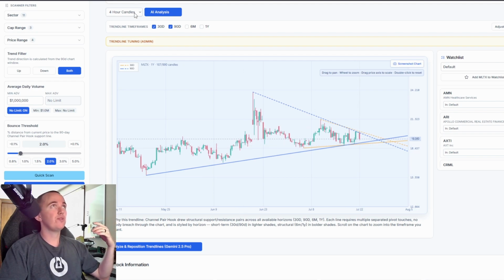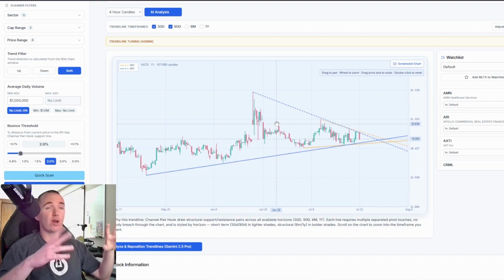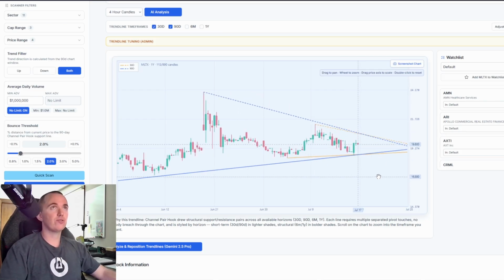Up at the top of the screen here, you can change the candle duration to whatever you would like it to be. I like 4 hours because I'm typically looking to trade something over the course of about a week, maybe 2 weeks, but I try to keep it under 2 weeks. Most of my trades are within the same week, so I find sticking with a 4-hour candle gives you a little bit more stability in your trades.